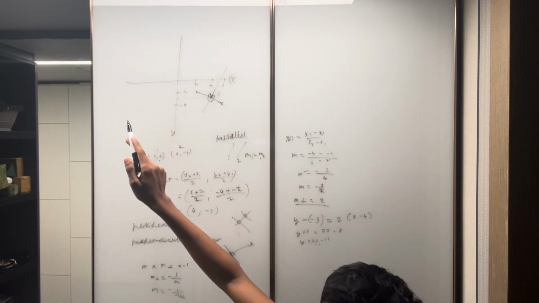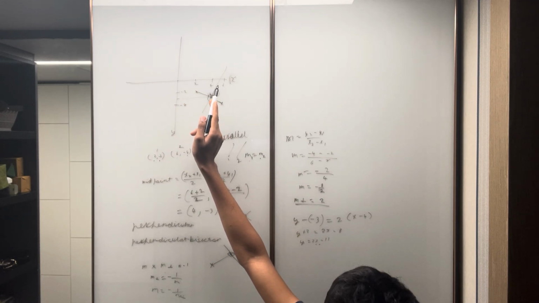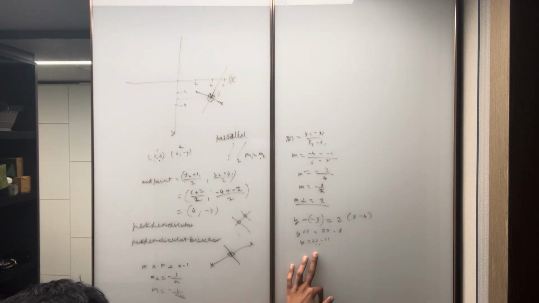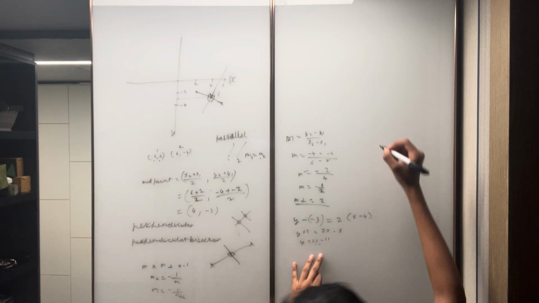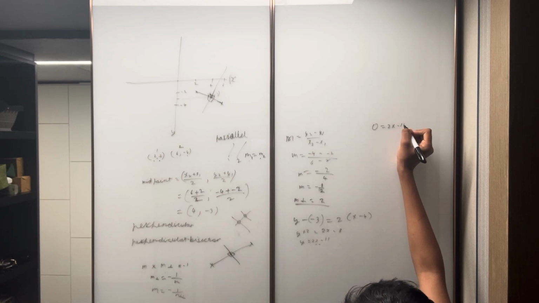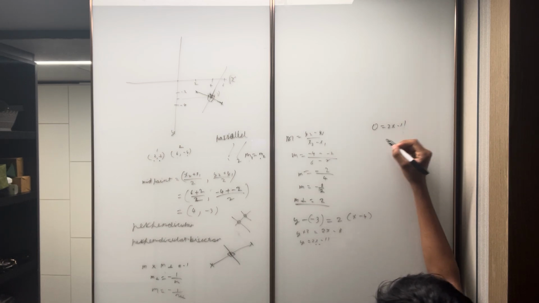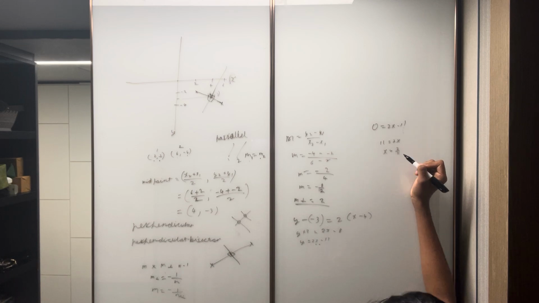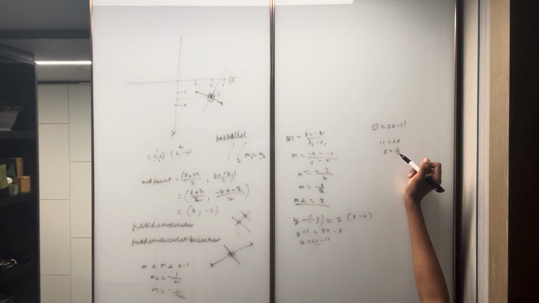So, to find the intercept, we take y equals 0. 0 equals 2x minus 11. So you take the 11 over, 11 equals 2x, x equals 11 by 2. So the x-intercept will be at 11 by 2.